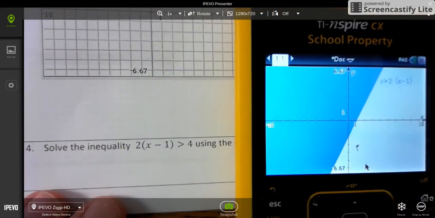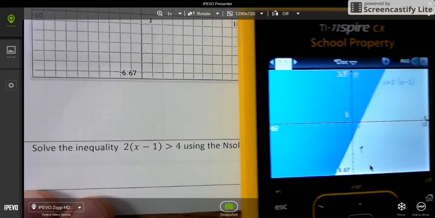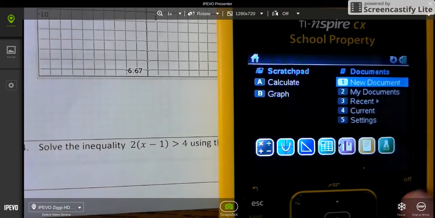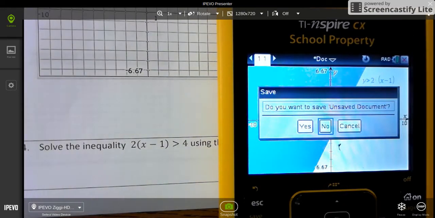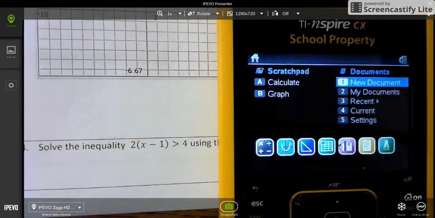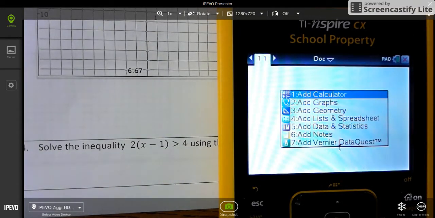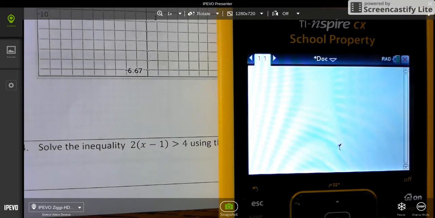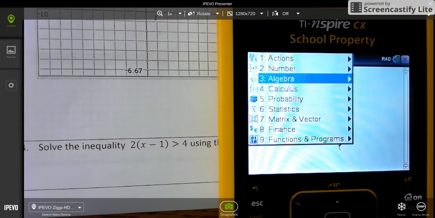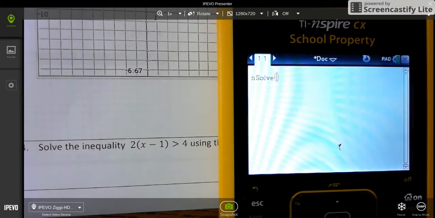Number 4, solve the inequality using the nSolve feature. So to do that, On, New Document, No, Add Calculator, and then you're going to press Menu, Algebra, Numeric Solve, and type it in: 2 parentheses x minus 1, second equal sign gives you the inequality, 4 comma x.